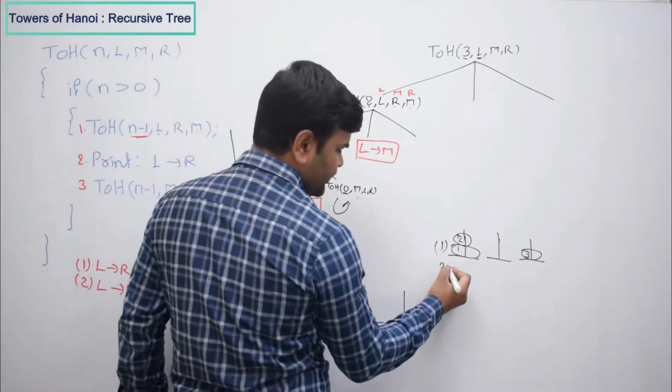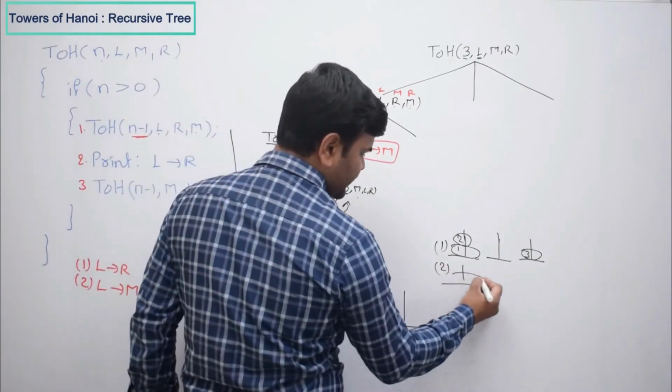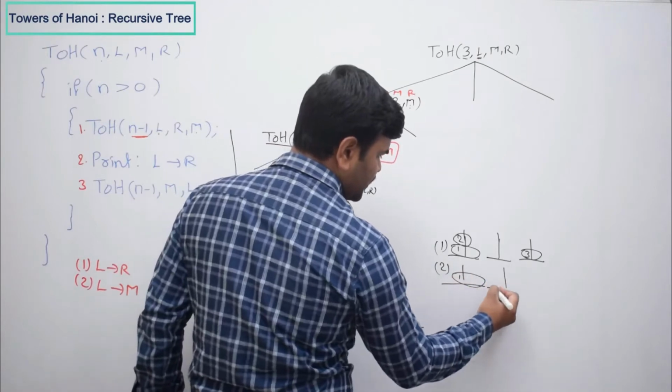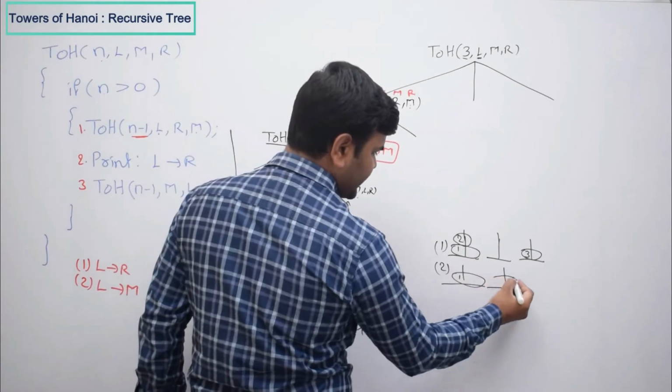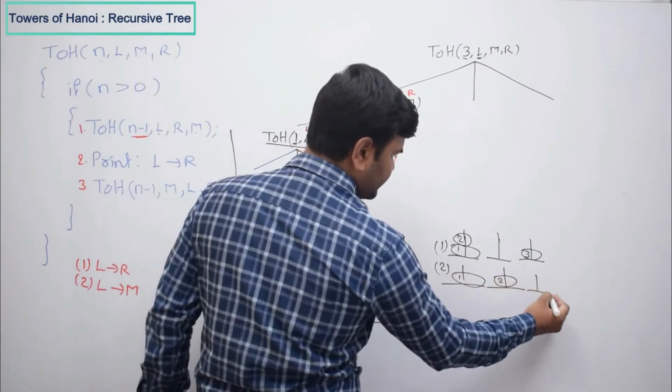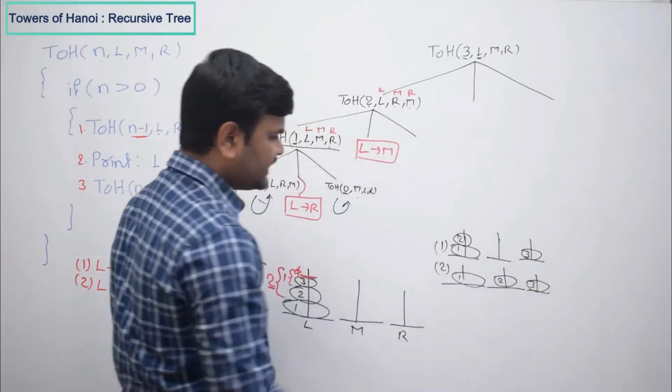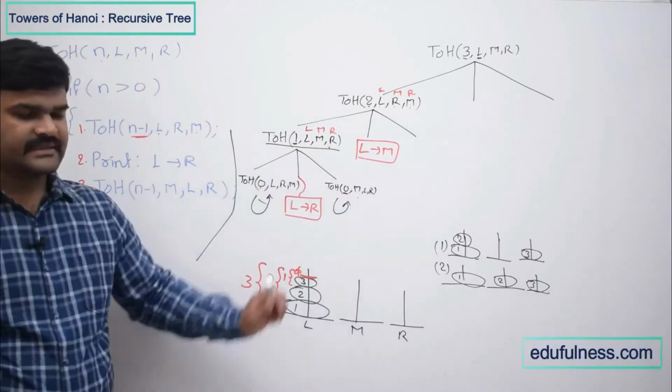So the second movement from L to M means the second disk we are shifting to M, and this is the status after this movement.